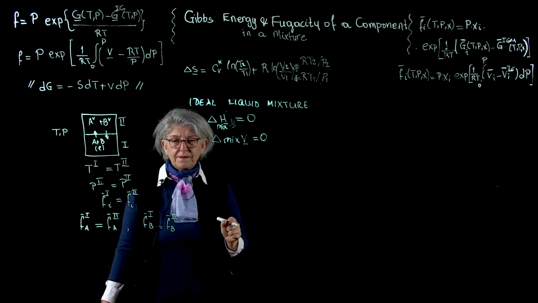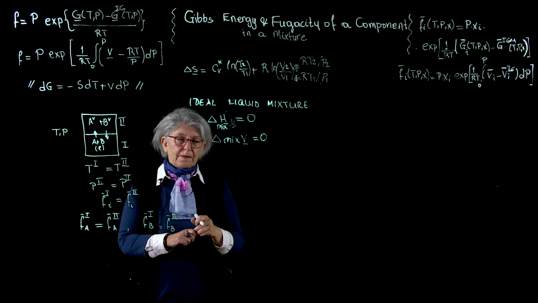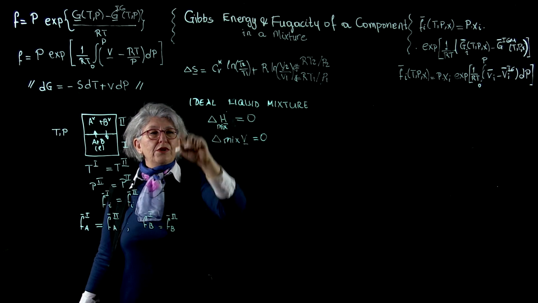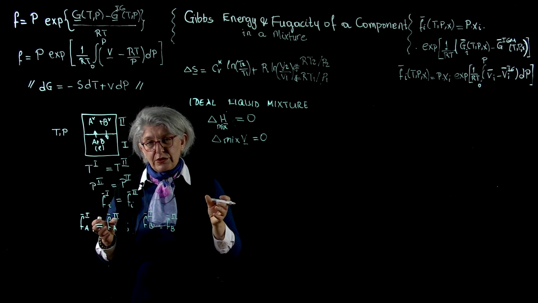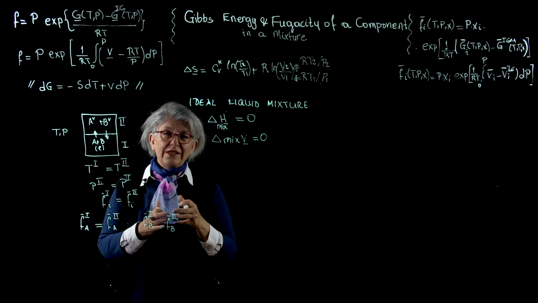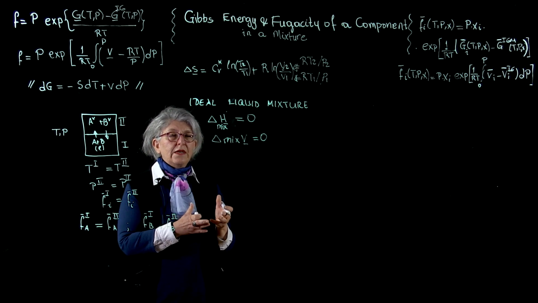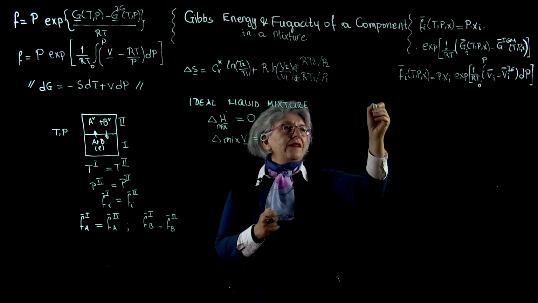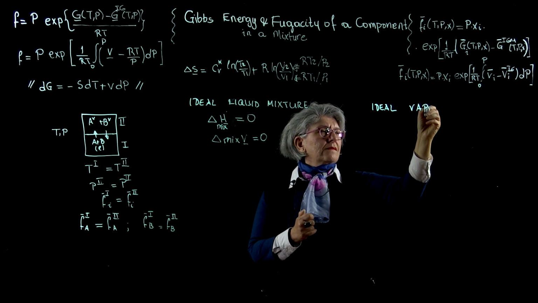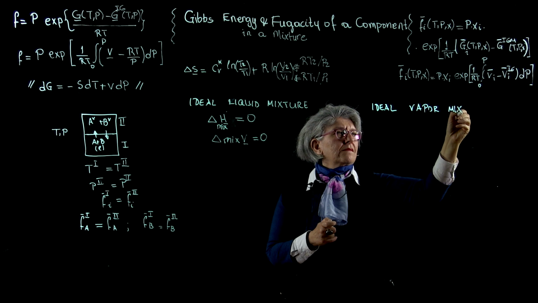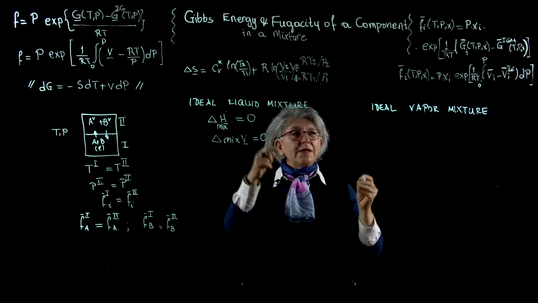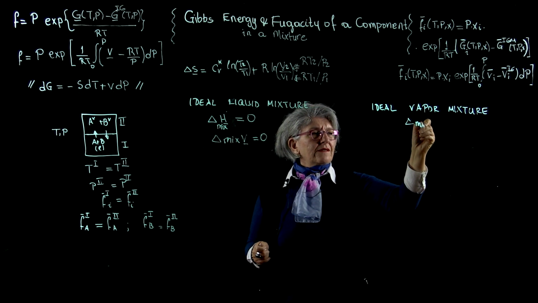Volumes will be additive, and energies will be additive. All right? The only change upon mixing we are going to encounter would be due to the entropies. We are going to start from pure components, and we mix the pure components. This is going to increase the total entropy. Let us have an ideal vapor mixture. For the ideal vapor mixture, the same conditions will prevail.